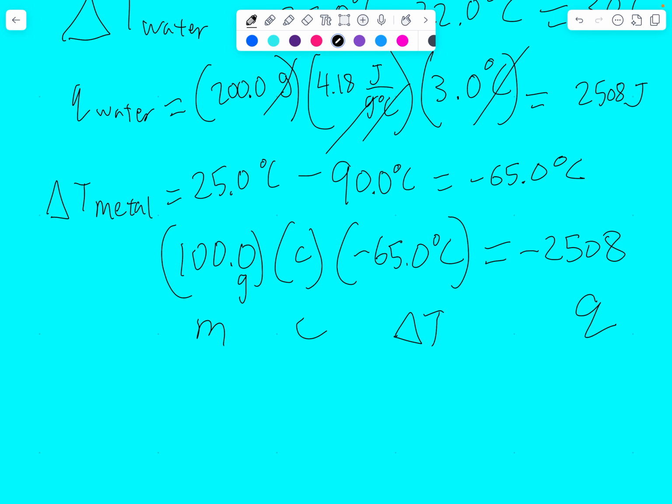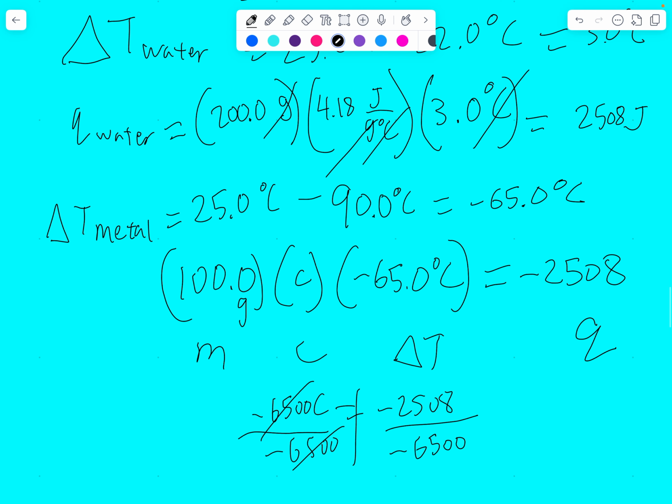So when you solve this, I'll do it with you guys. You have negative 65 times 100, which would get you negative 6,500 C equals negative 2508. You're going to divide both sides by negative 6,500. This will cancel out, this will cancel out.